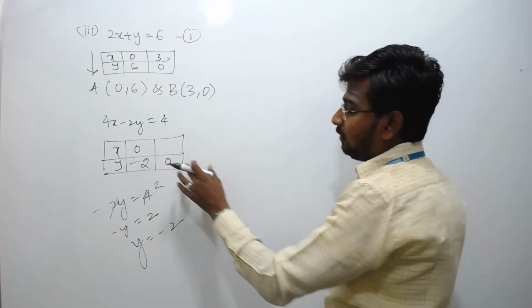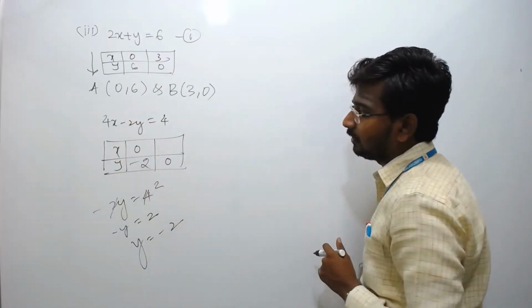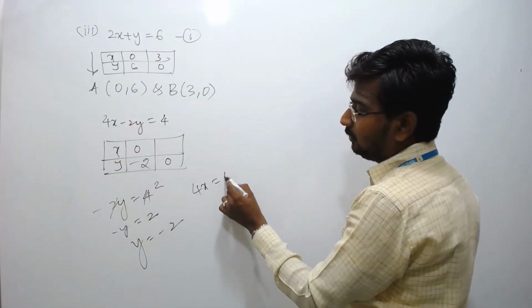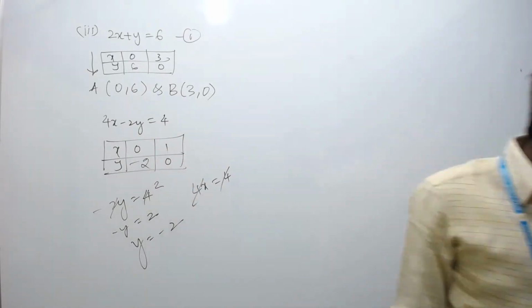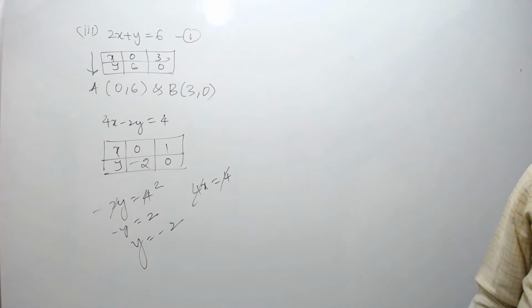So then, when y value is 0, 4x is equal to 4. 4 cancels. It is 1. Am I right? When y value is 0, whether x is 1 for the second equation, yes or no? Quickly, who will tell me? Yes, x value is 1. Right.